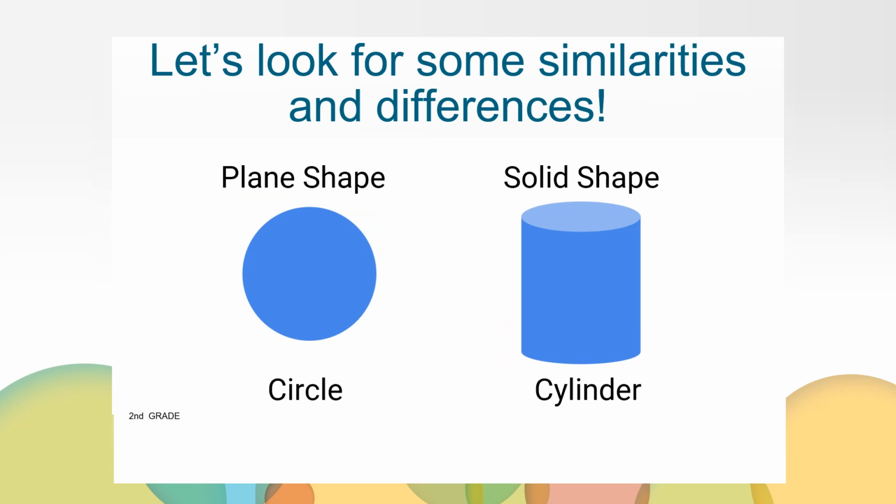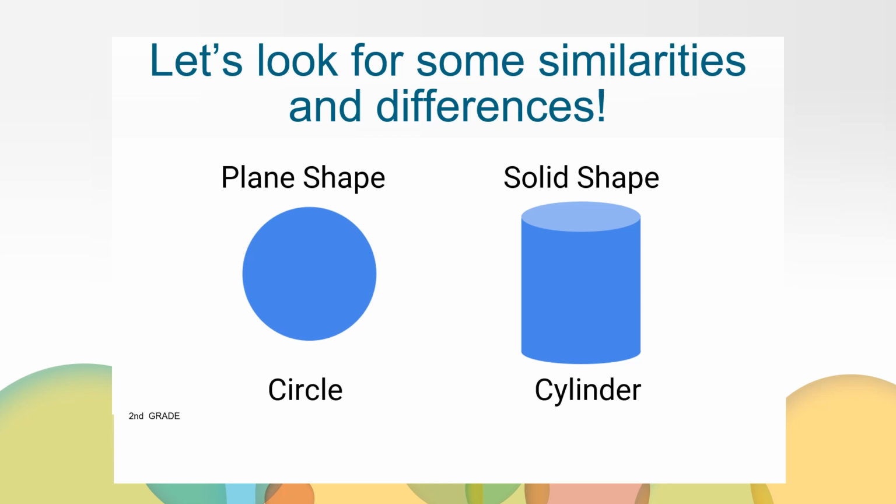Let's look for some similarities and differences again. Look at these two shapes. One is a plane shape, the circle. The other is a solid shape, the cylinder. Stop and think about how they are similar.